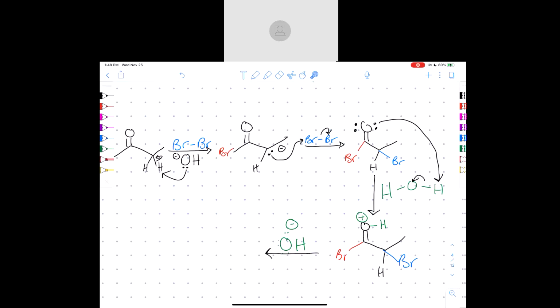What could we do at this point? What would Rosemary do? The Rosemary method. I don't know. We could do a proton transfer, but where would we put the proton?